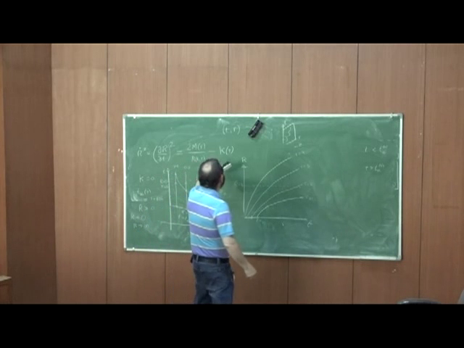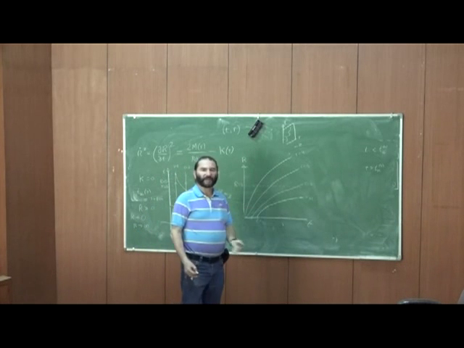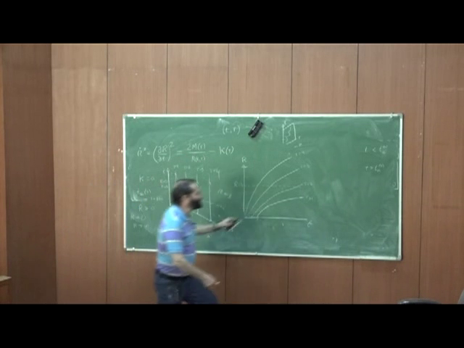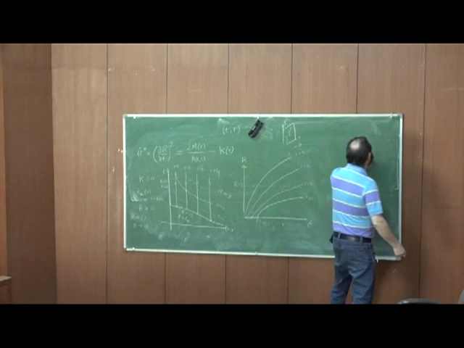we already saw the case k equals 0. So what happens if k is negative?